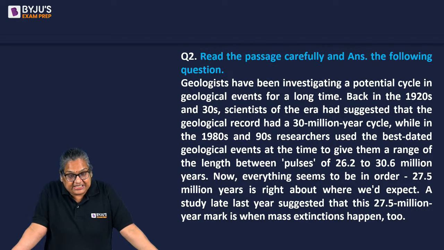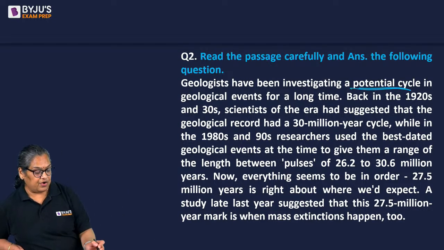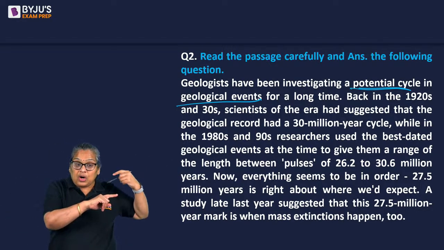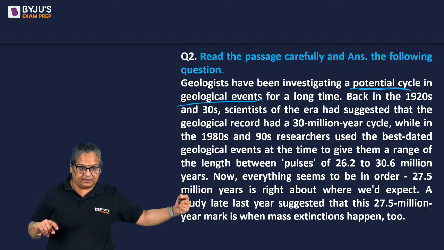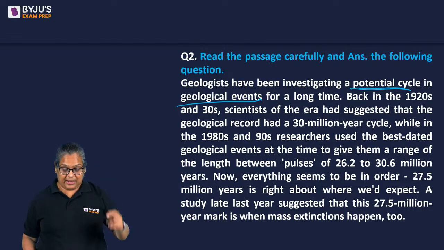Geologists have been investigating a potential cycle for geological events for a long time. So, is there a potential cycle for geological events? Do geological events follow a cycle or a pattern? Geologists have been trying to find an answer to this question. Number one.